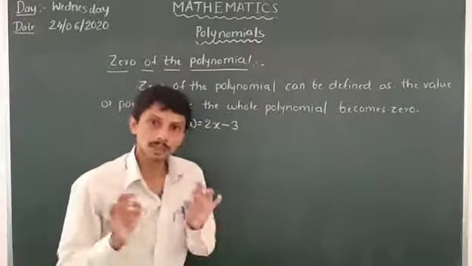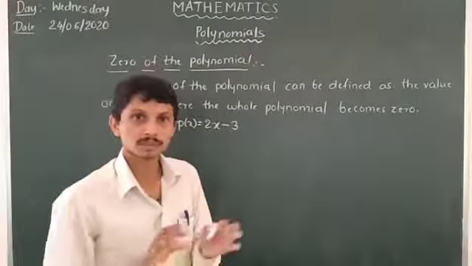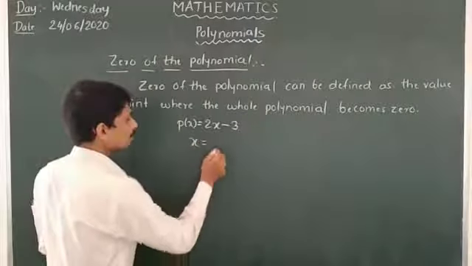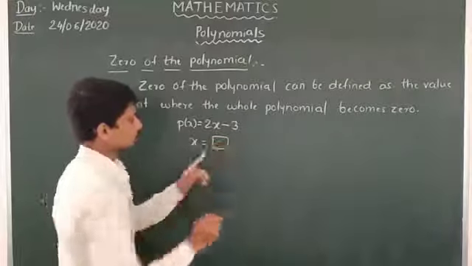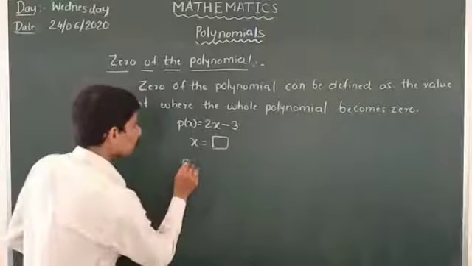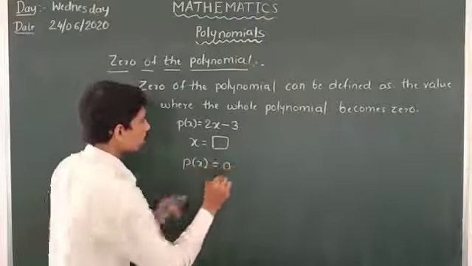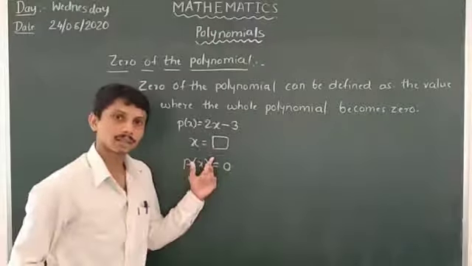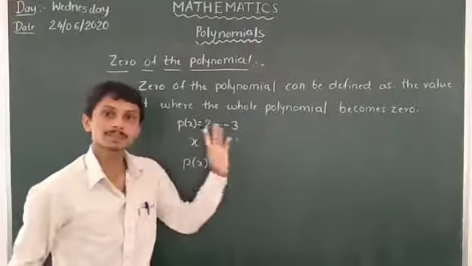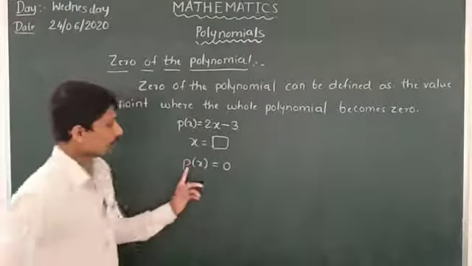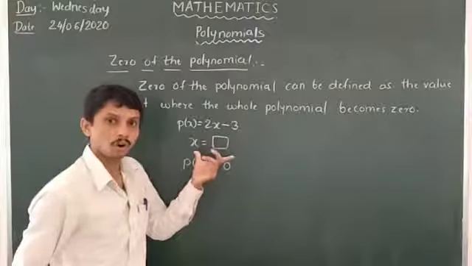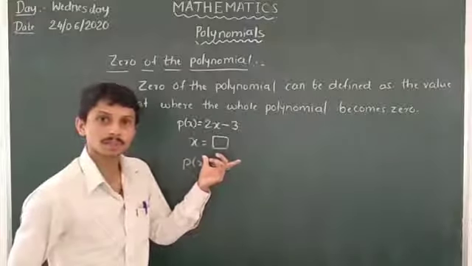When we substitute any value of x here, and p of x turns into 0 when we substitute this x into this polynomial, that value of x is called the zero of the polynomial.